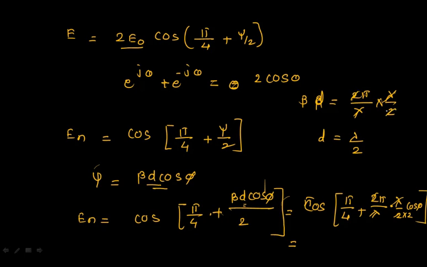So this particular value will be pi only, and this is the pi by 4. So the final equation which I am getting is cos of pi by 4 plus pi by 2 cos of phi.